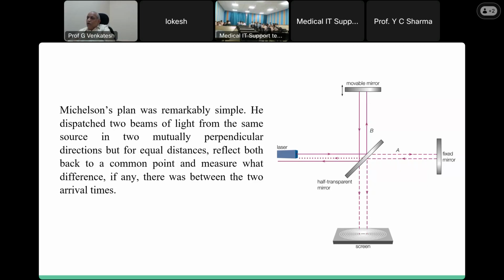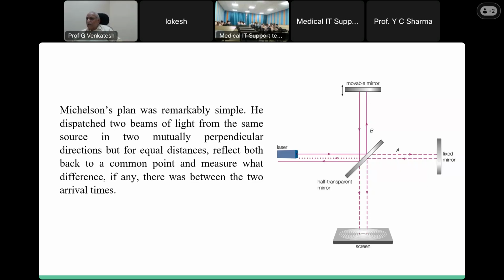So if there was a difference in the velocity of the signals in the two different directions, there would be a path difference and hence a phase difference, which produces a shift in the fringe pattern, obtained due to the interference of these two beams.